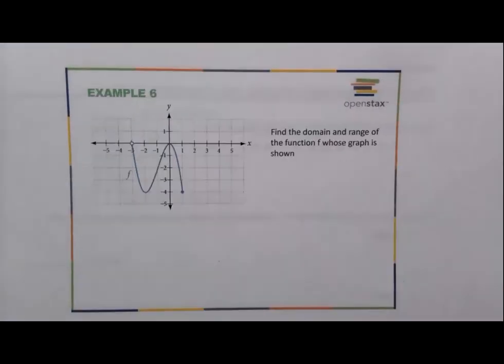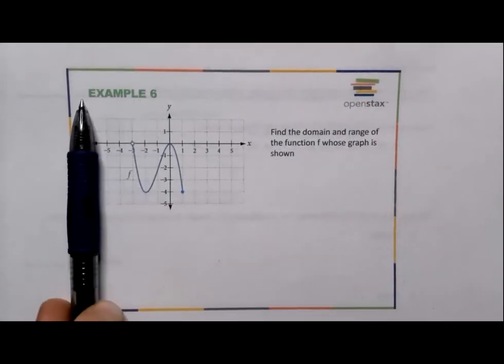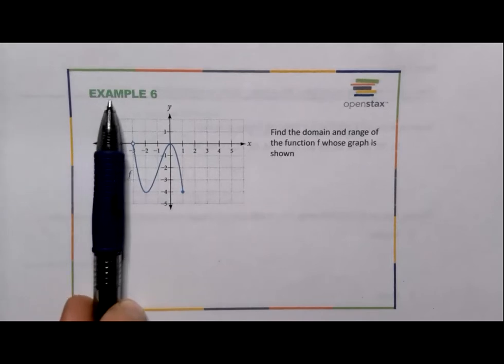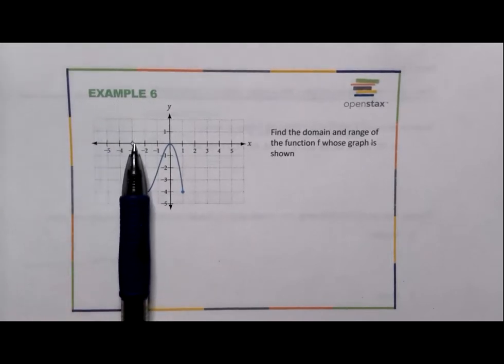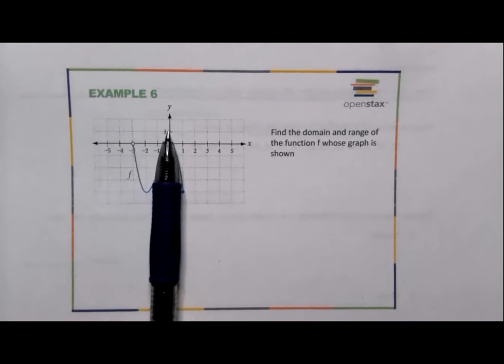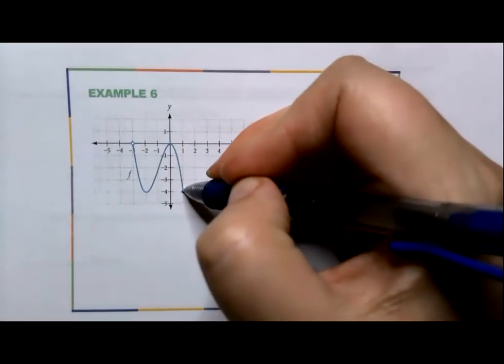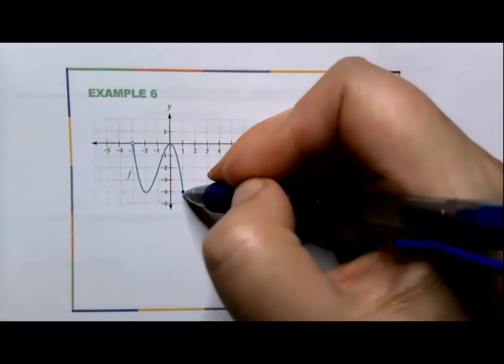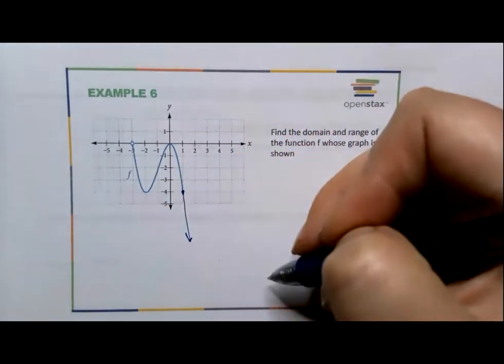And like we mentioned before, there could be gaps in both the domain and range of those functions. For example, the domain of this function, again, the domain is x values. So if we travel along the x-axis, this is the first time that we see the function. It starts at -3, and then we go forward. Since we have an arrow here, that means this function continues indefinitely down and to the right.